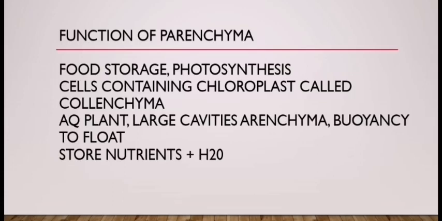So parenchyma tissues containing chloroplast are called chlorenchyma, and parenchyma tissue containing air cavities or large vacuoles which will help in providing the buoyancy to float will be called aerenchyma. The third important thing is to store nutrients as well as water. So these are some of the basic functions of parenchyma which we need to mention in the answer sheet.